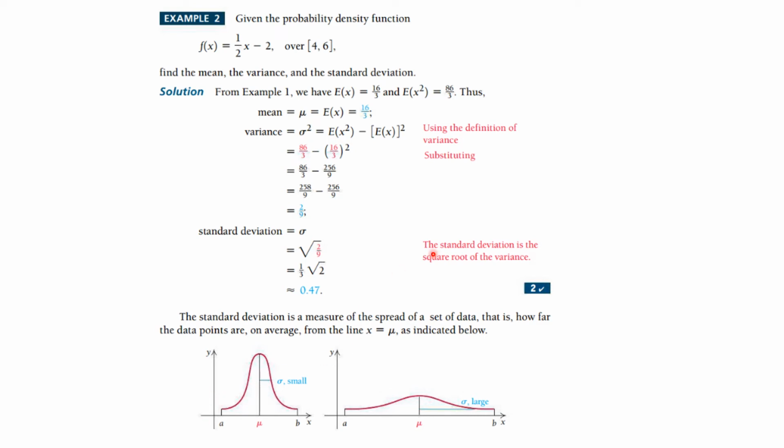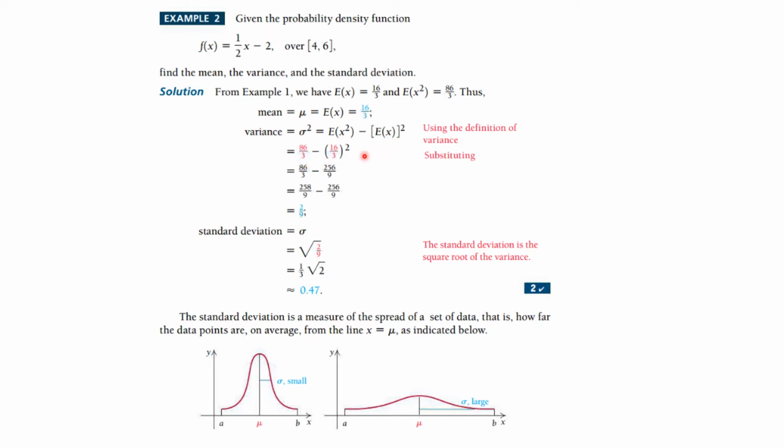So let's do that for our favorite probability distribution that we had in the first two examples. We want to find the mean, variance, and the standard deviation. Now, we really already found the mean and E of x squared from the first two examples. So the variance, using our formula, is just going to be the expected value of x squared minus the square of the expected value of x.